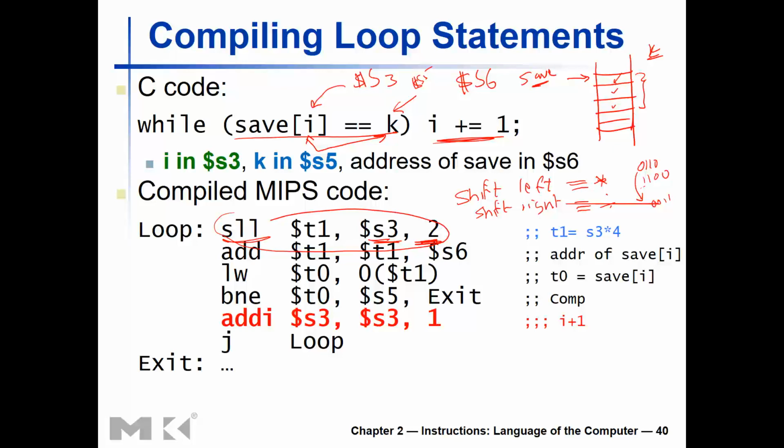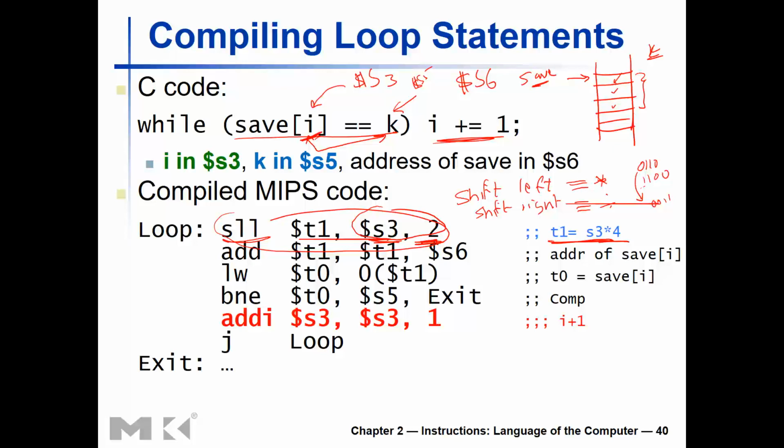Basically what we are doing is converting the integer index into a byte index. To convert an integer index to a byte index, you multiply by 4. So here we are saying S3 times 4 gets saved in T1.